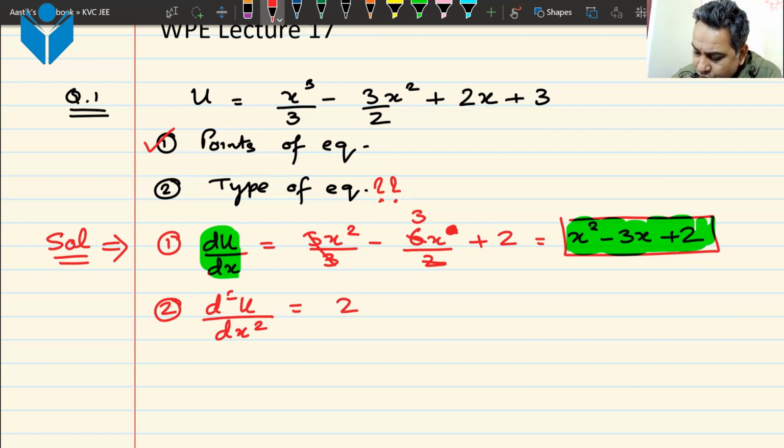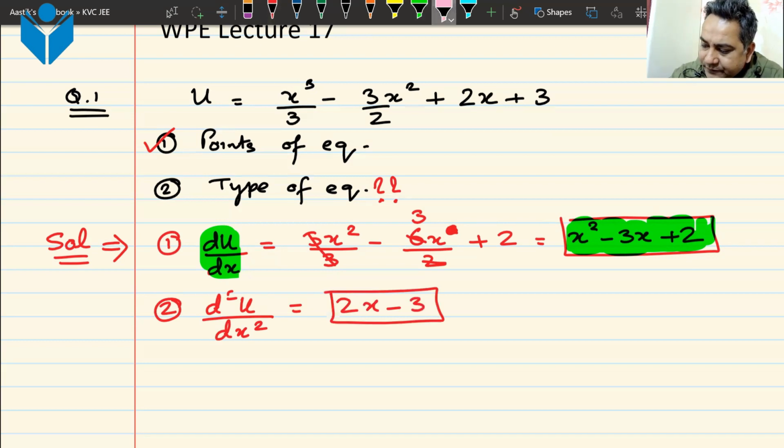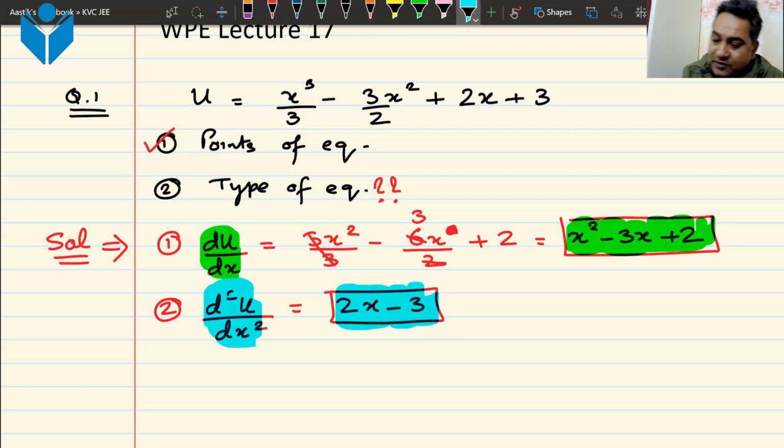So, it will become 2x minus 3. Did we all get this step? The second derivative? I marked it in blue. Did you find out the second derivative? Yes, sir. So I found out the first derivative and I found out the second derivative. Everything is there on the board.